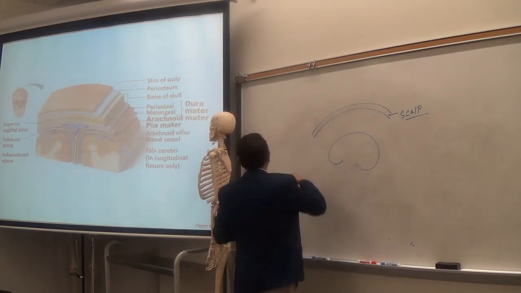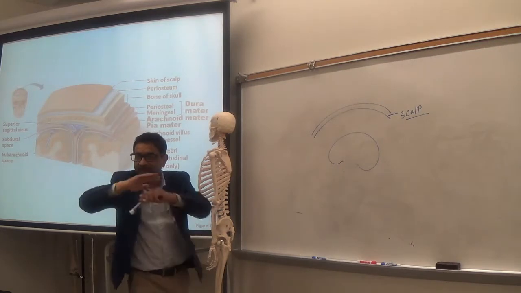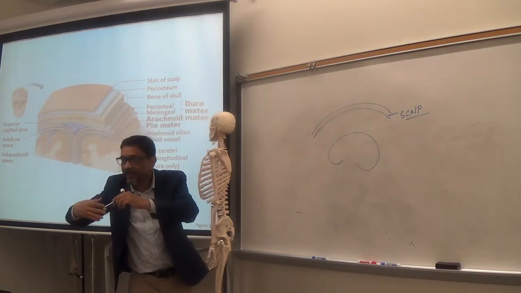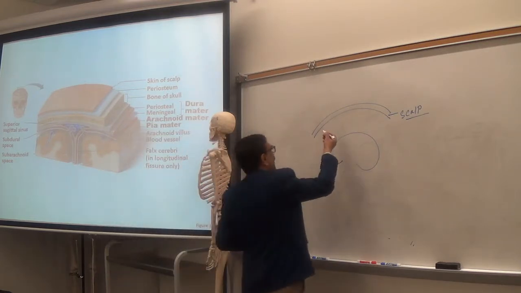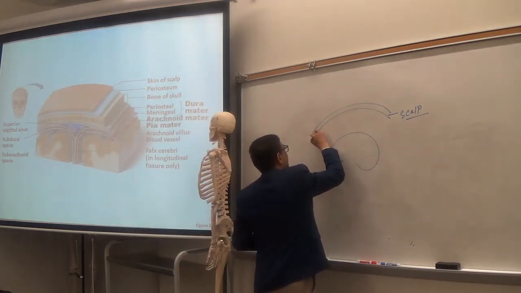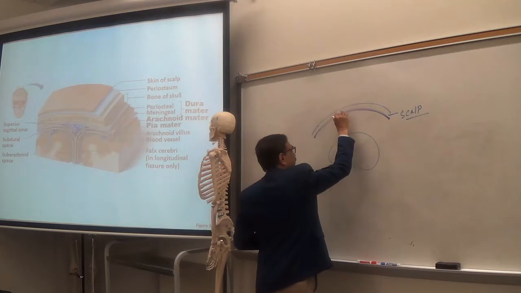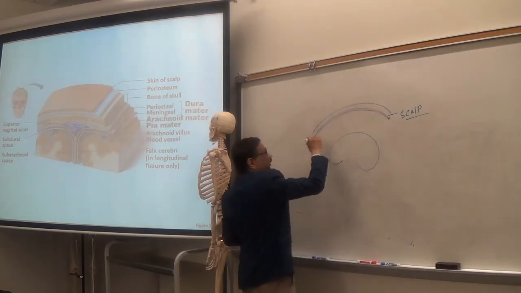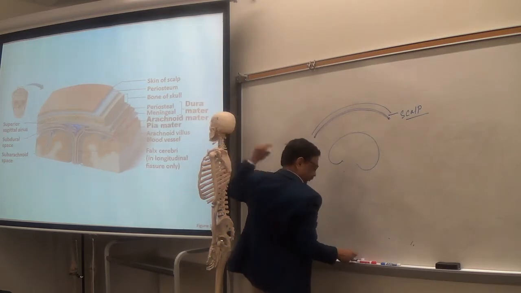But remember, the bone is covered by periosteum. You all know that, right? The covering of the bone is what? Periosteum. Remember that? So, you have the periosteum, that is the covering of the bone, connective tissue covering, and then you have the bone, cranial bone, this one.